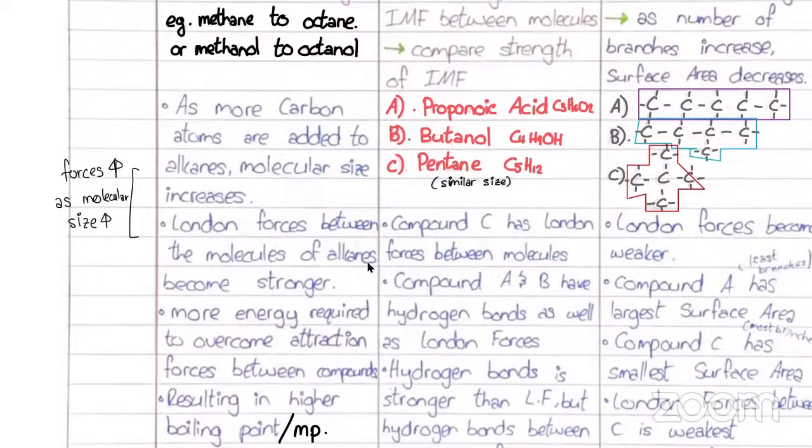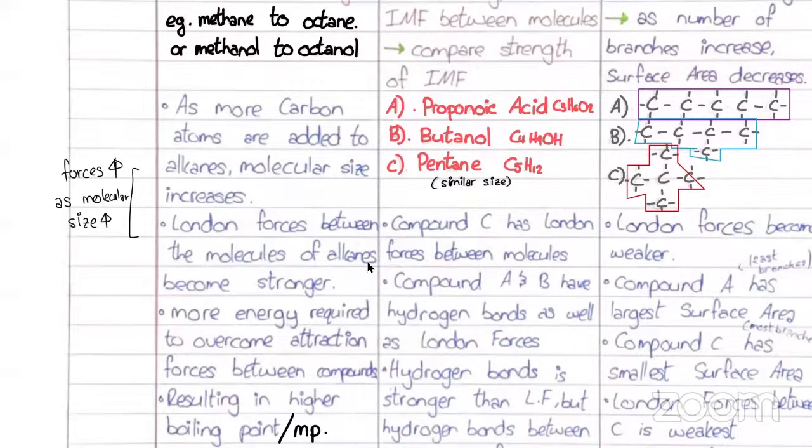So the forces, irrespective of what they are, they could be your London dispersion forces, your hydrogen bonds, or your dipole forces, because we are increasing the molecular size, the forces are going to increase in magnitude as well. The forces are going to become stronger. In this case, we specifically mention London forces because we are dealing with alkanes, and we know that alkanes have London dispersion forces only.